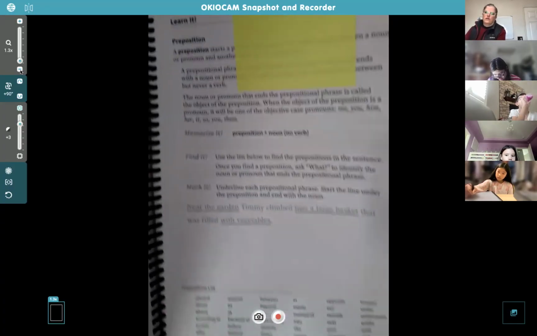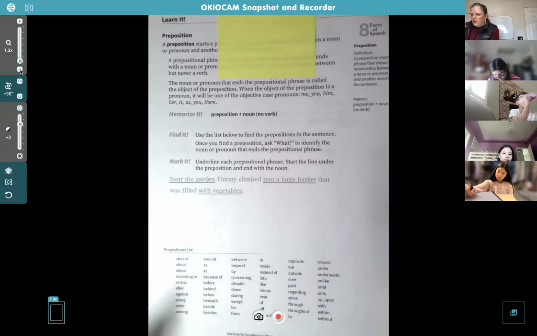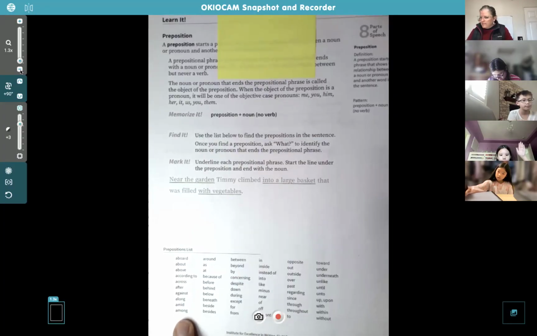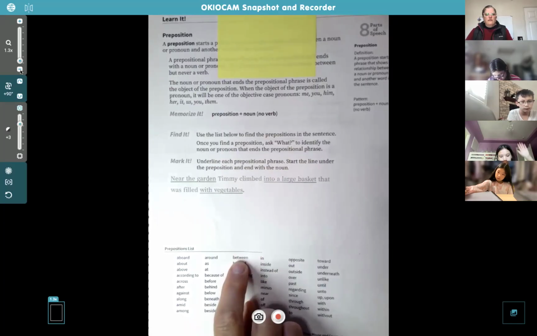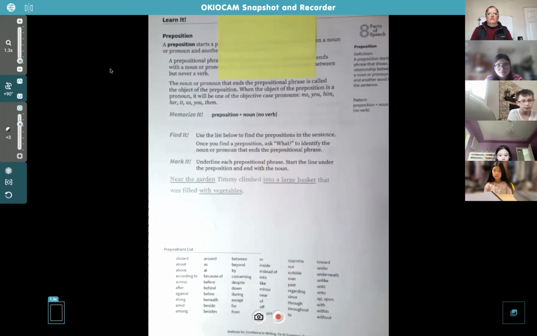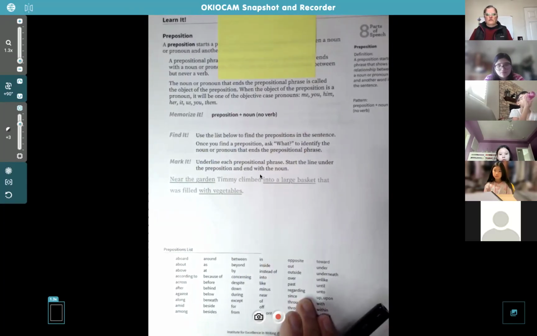Yeah, before is a preposition, but how about between eight o'clock and ten o'clock, the mouse arrived in the garden. Did you have one, Sydney? Between noon and night, the mouse arrived to the garden. Good, that's a good one.